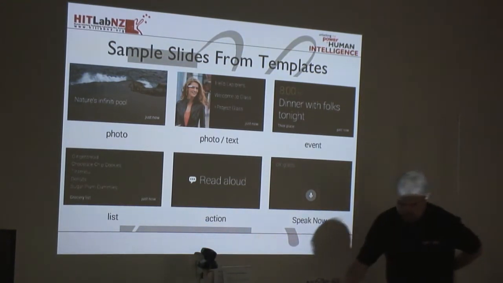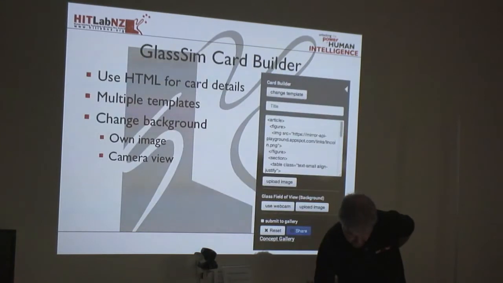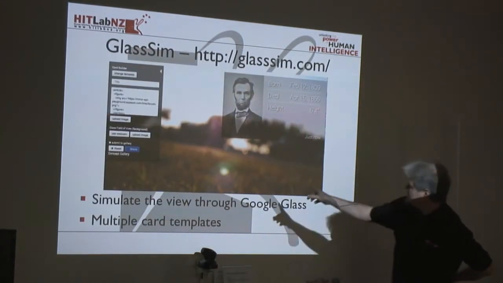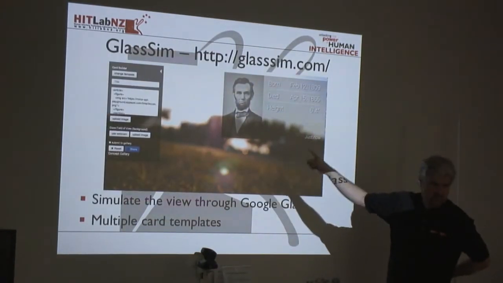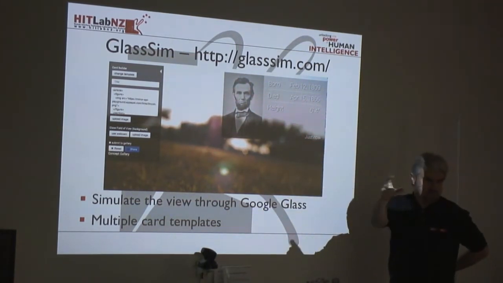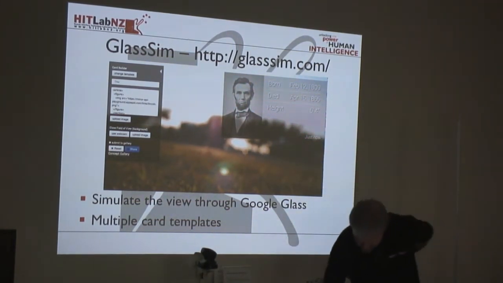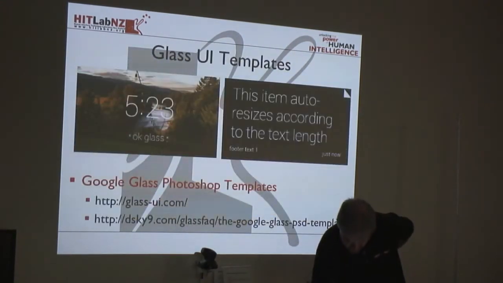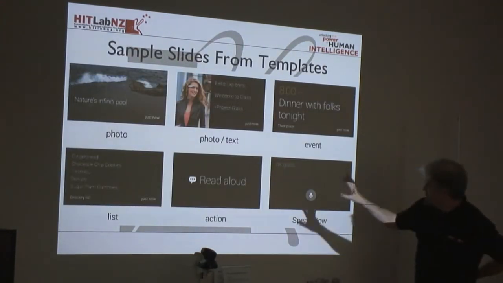Sometimes when I'm very lazy, I'll use GlassSim, set the background to black, and then do a screen capture and cut the card out, and then I've got my own card already without going into Photoshop. So the same thing. Obviously these are all static.